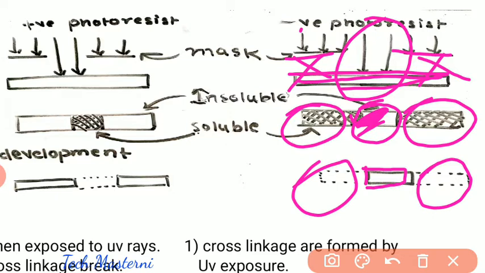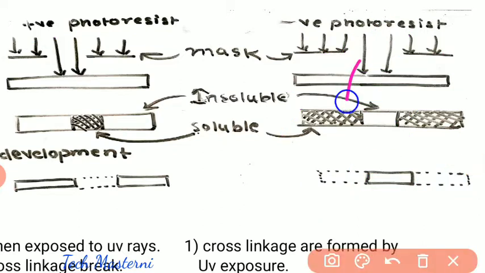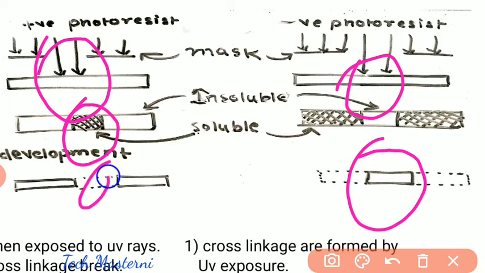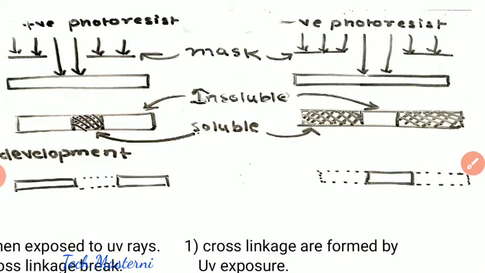So this is negative photoresist because it happened just opposite of positive photoresist. Where the light has fallen, the photoresist will be stronger, and where the light does not fall the photoresist will become weaker and will be soluble in developer. This is why it is a negative photoresist and this one is a positive photoresist.